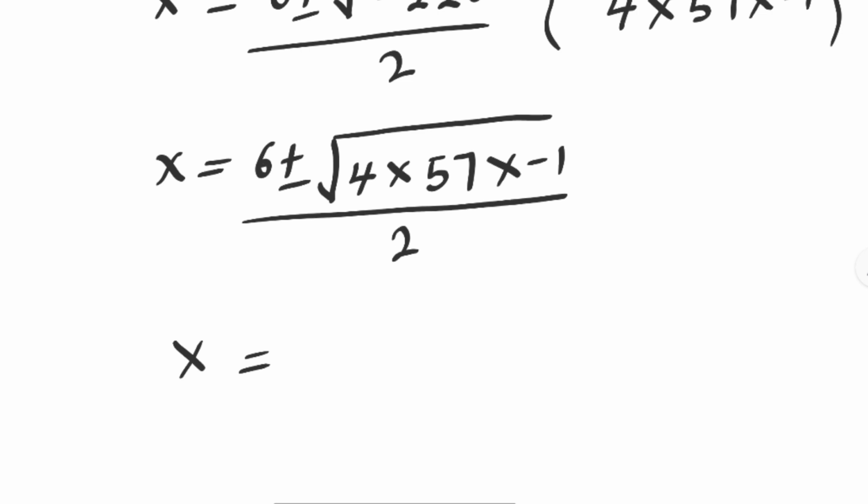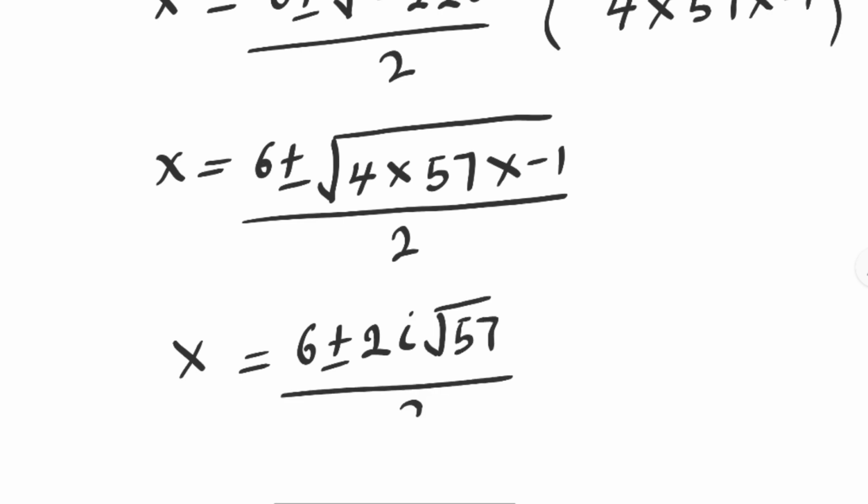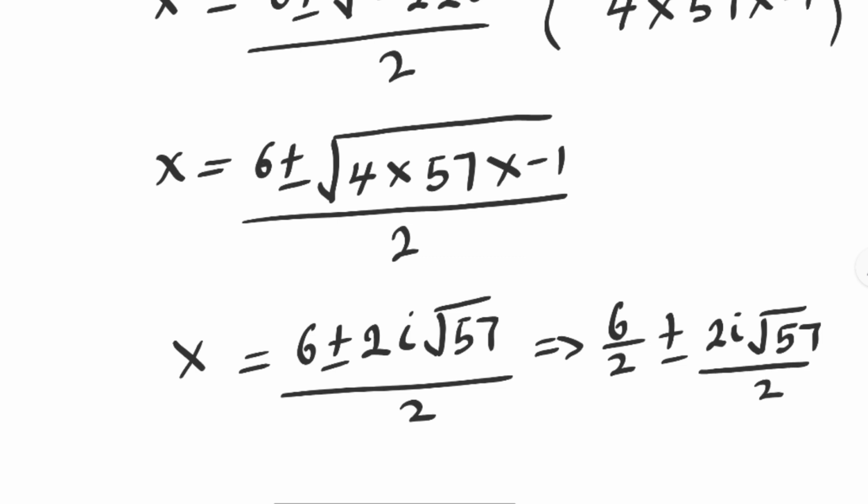The square root of 4 is 2. The square root of minus 1 is i, so root 57 i divided by 2. This can be written as 6 divided by 2 plus or minus 2i root 57 divided by 2. 2 here 1, 2 here 1, 2 here 3.